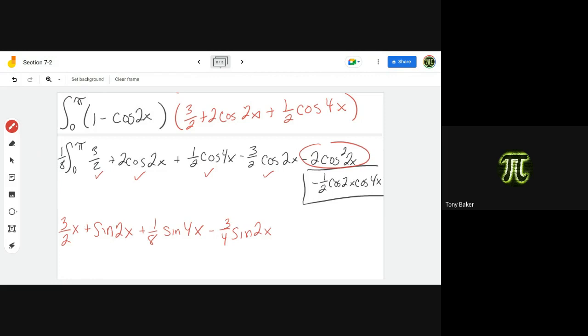So cosine squared becomes what? Was it 1/2? So that's 1/2 of 1 plus cosine 2x. And then I had a -2 in front of it. So that's just -1.